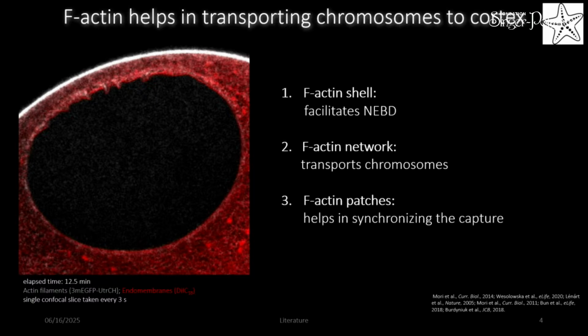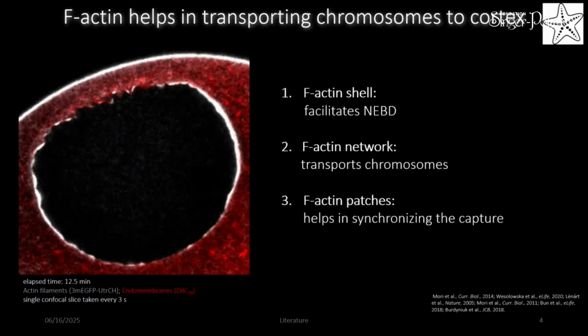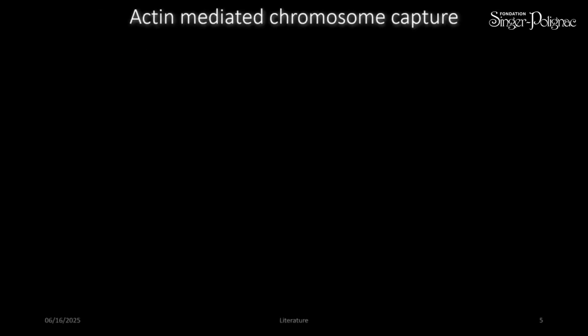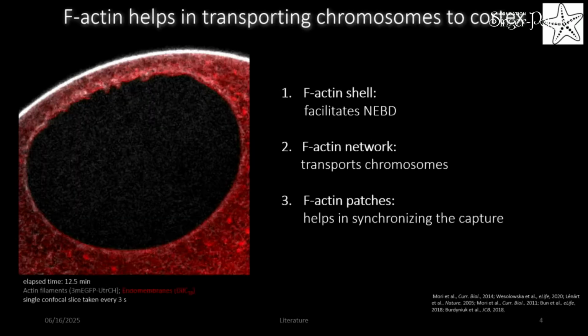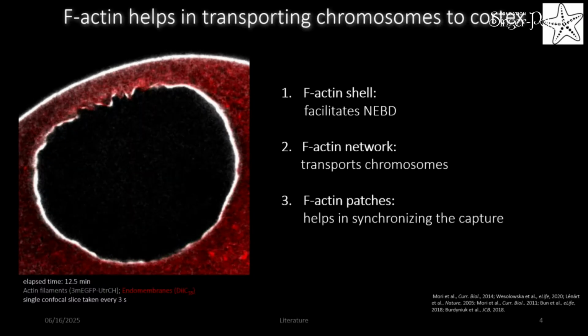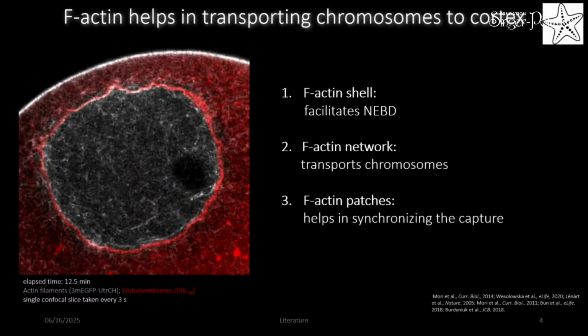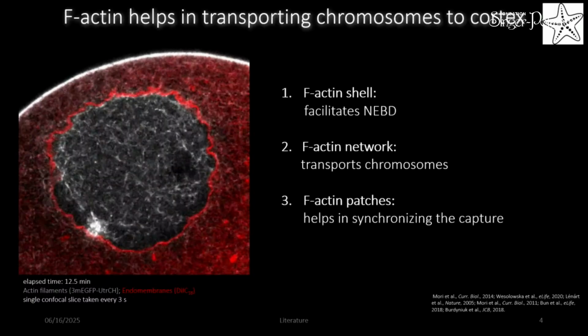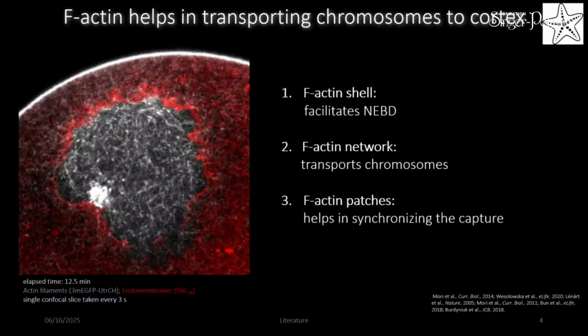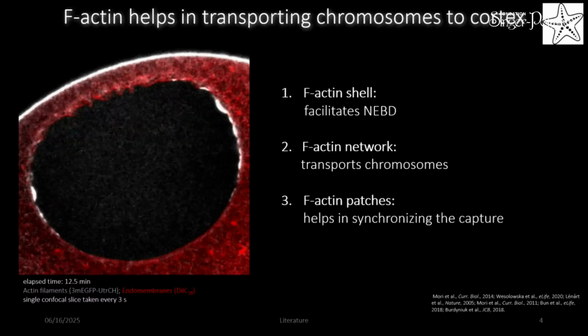For example, an actin shell, which forms right before NEBD and facilitates NEBD, and then there is this actin network which contracts and transports all the chromosomes towards the cortex where microtubules are nucleating, and then there are these actin patches which help in synchronizing the capture event by the microtubules.